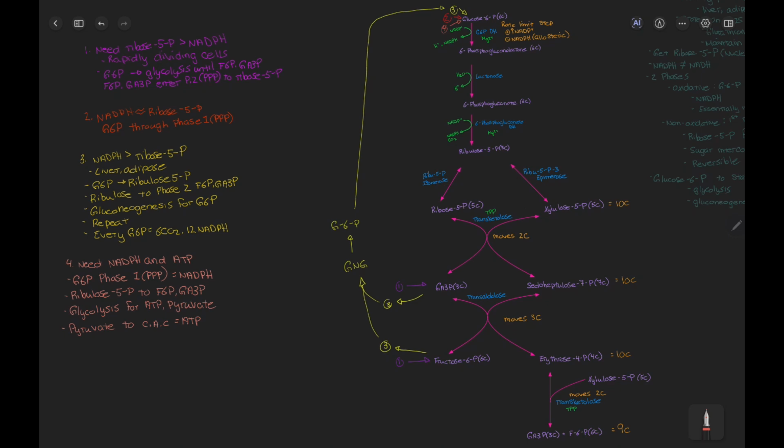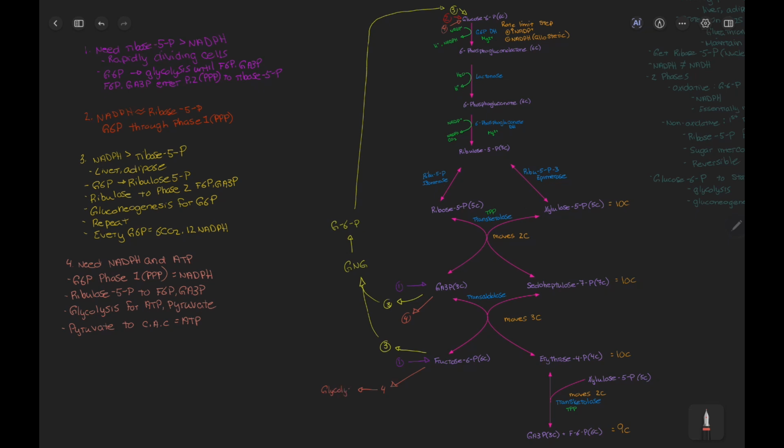So our glucose 6-phosphate is going to go through the oxidative phase of the pentose phosphate pathway to get NADPH. The ribulose 5-phosphate will then continue on until it gets to the fructose 6-phosphate and glyceraldehyde 3-phosphate in the non-oxidative phase to then go through glycolysis to get pyruvate and ATP.